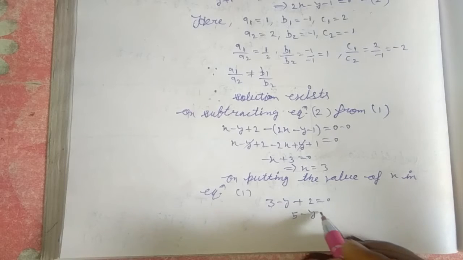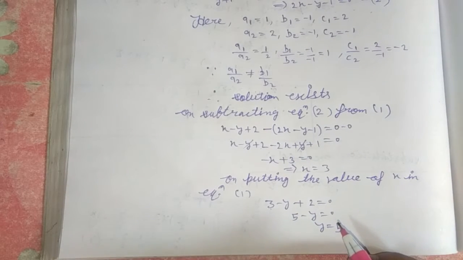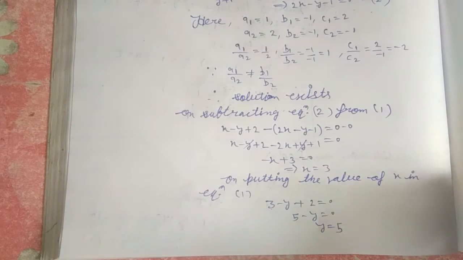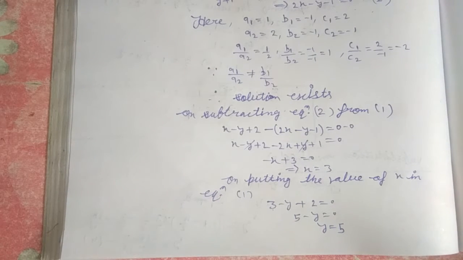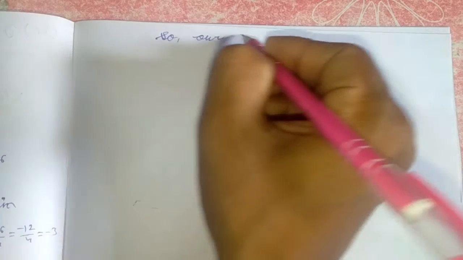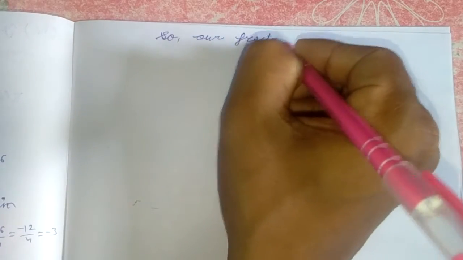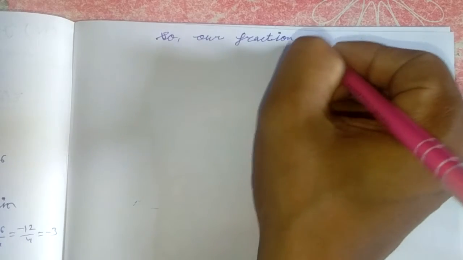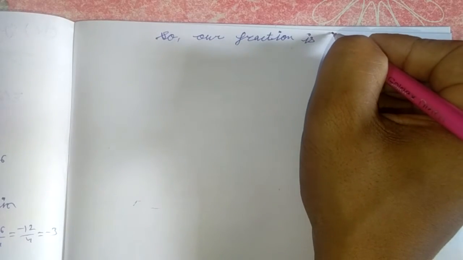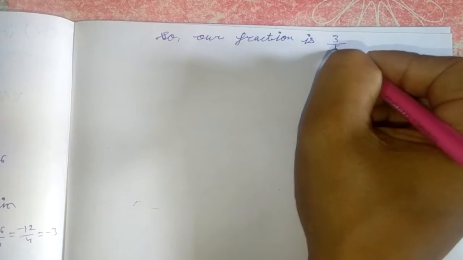So 5 minus y equals 0, meaning y is equal to 5. So the value of x is equal to 3 and y is equal to 5. So the numerator is 3 and the denominator is 5. So our fraction is 3 upon 5.